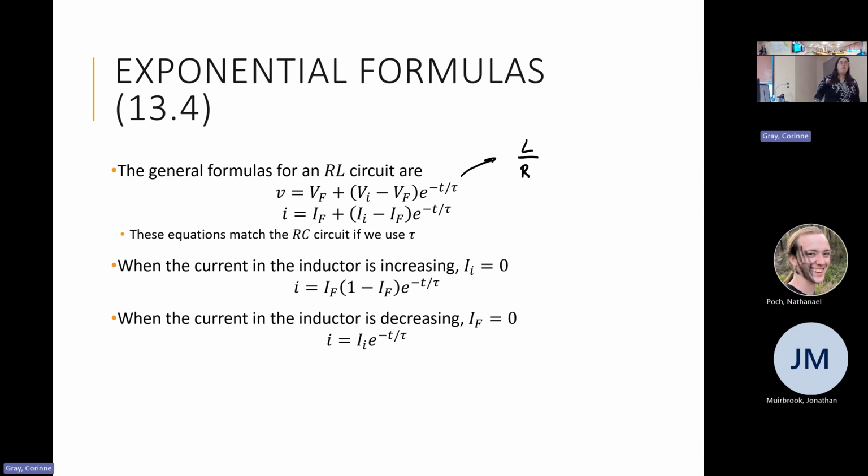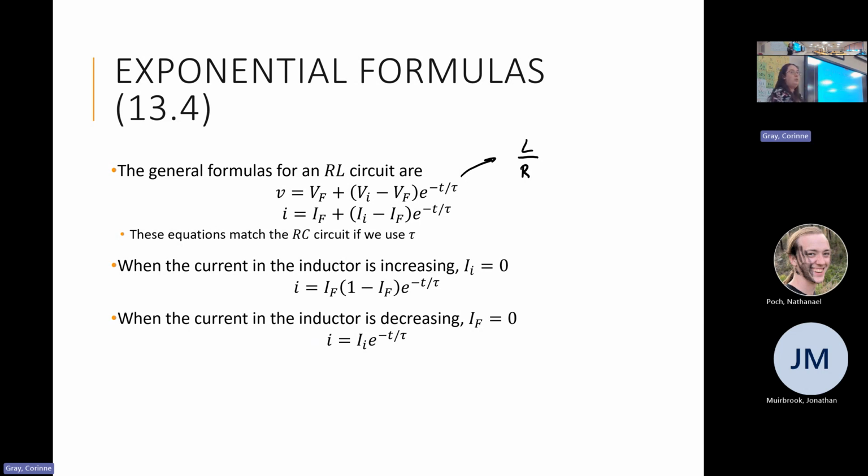If we plug in our specifics, here we're looking at the current inside of the inductor, depending on what we're doing with the source. When we are increasing the current, here we have the situation where our initial current is 0.